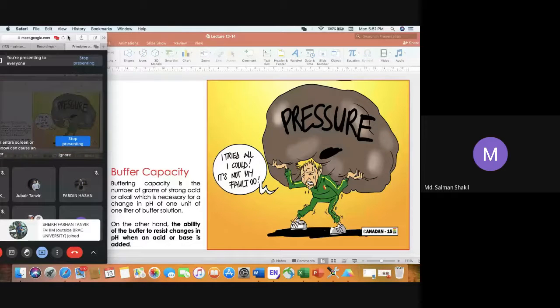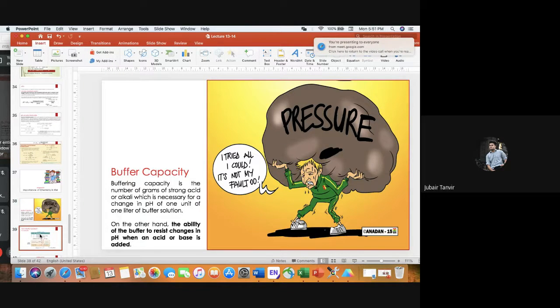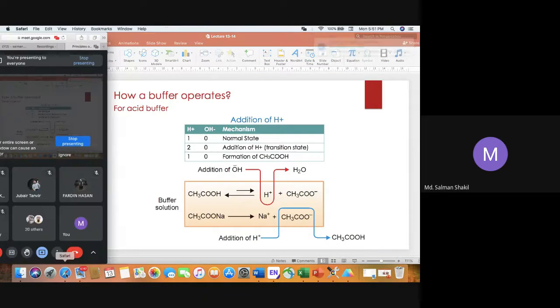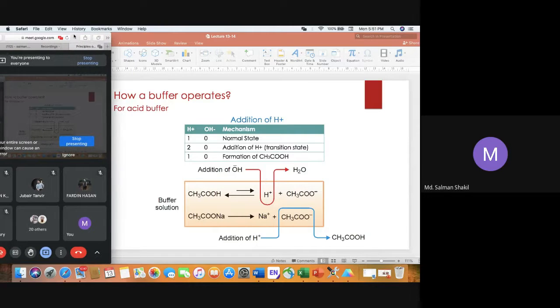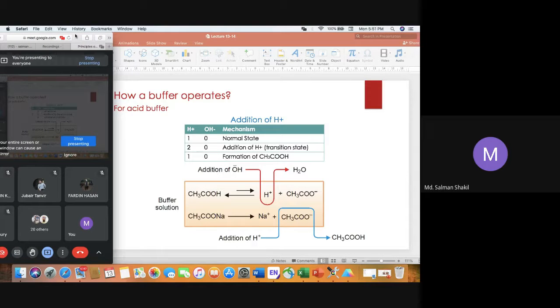Okay, so actually how buffer resist against the pH? বাফারটা আসলে কেমন করে পিএইচ কন্ট্রোল করে, কারো কোনো আইডিয়া আছে? স্যার পড়েছিলাম স্যার কলেজে, এখন মনে নাই স্যার। ওকে, okay, so first of all consider a acidic buffer. Okay, so we know that acidic buffer are composed of a weaker acid and its corresponding salt, right?